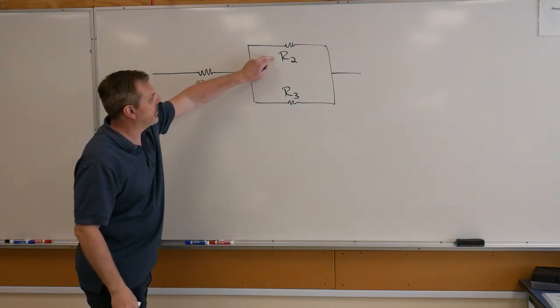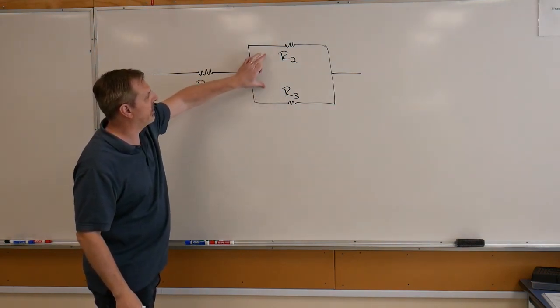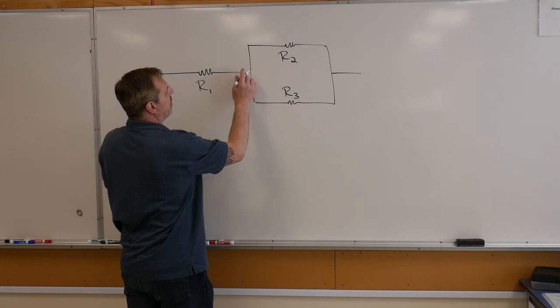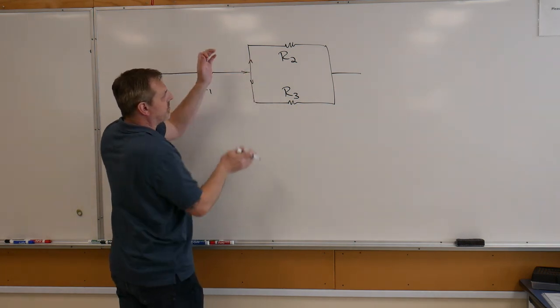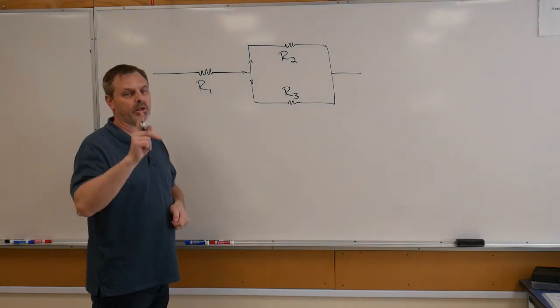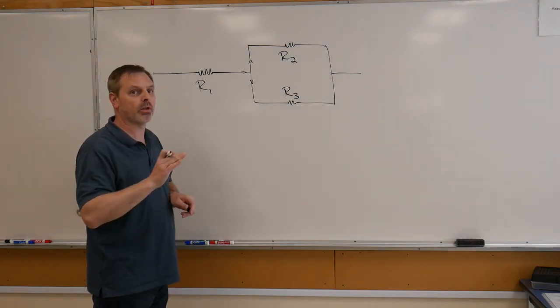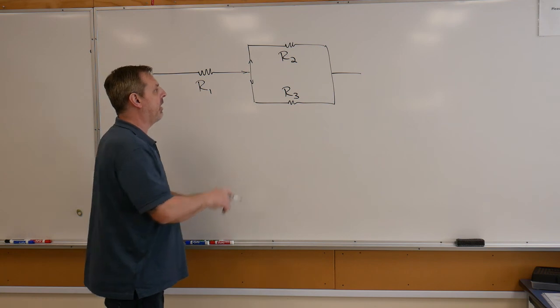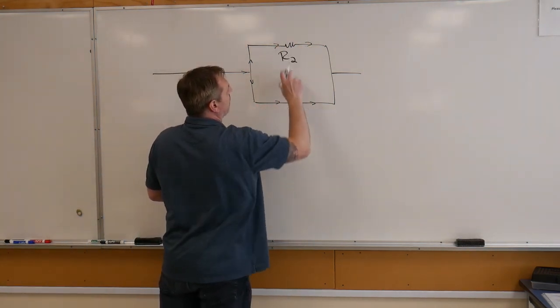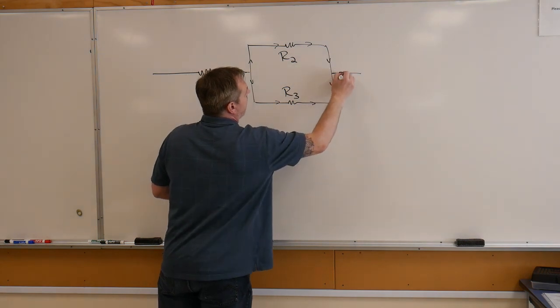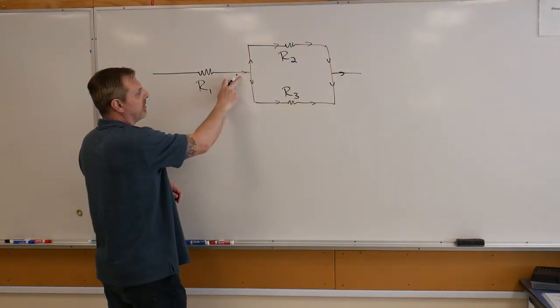Now, it's fair to say that R2 and R3 are in parallel with each other. Why? Because current flows into that node and then it goes up or down, so it has more than one path to flow, and that is the reason for a parallel circuit: more than one path for current to flow. However, that current would flow through each of these conductors and loads and eventually come back to what it started as.